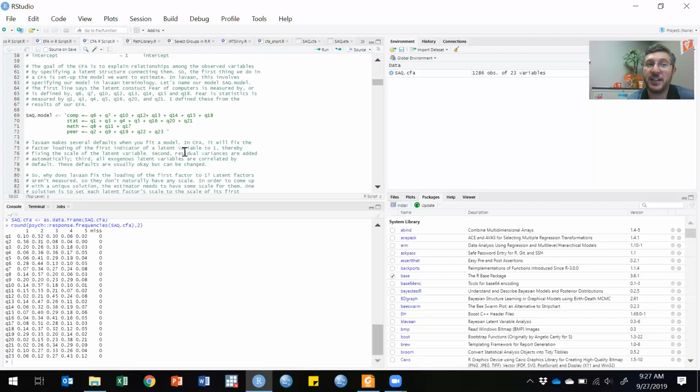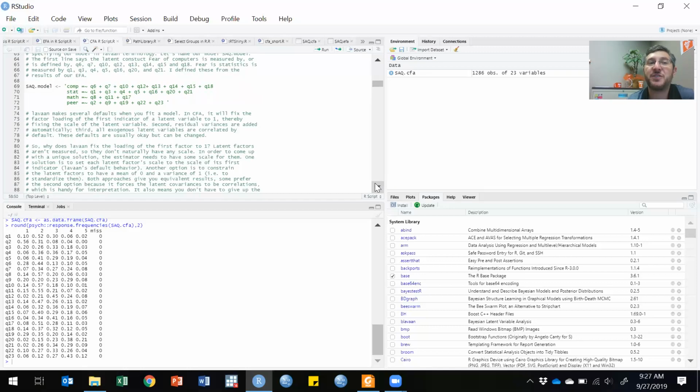It'll set the loading to 1. It'll also, by default, add covariances between the latent constructs. This would be analogous to doing an oblique rotation in EFA where your factors are correlated. It automatically correlates all of your factors.